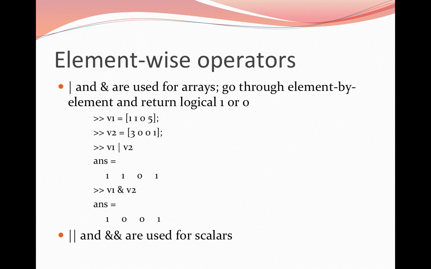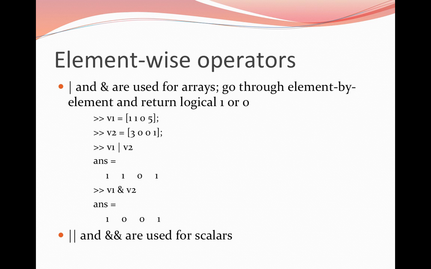So 1 or 3, those are both true, so we get true or 1 as a result. 1 or 0, true or false, gives me true. 0 or 0 gives me false. 5 or 1, that's true or true, gives me true as a result. Remembering that everything that isn't 0 is a way of representing true.